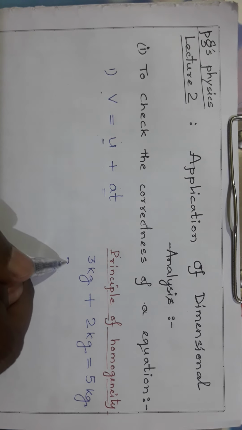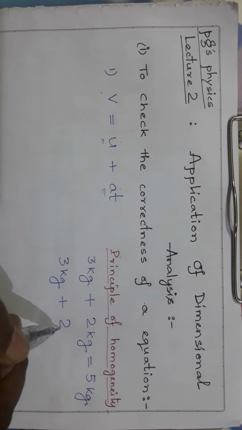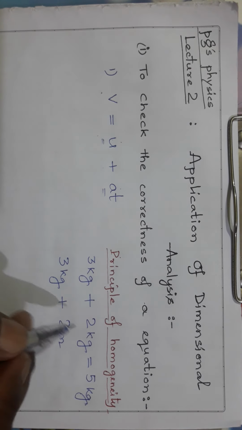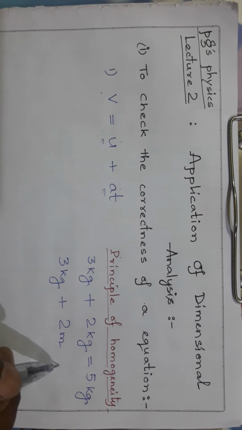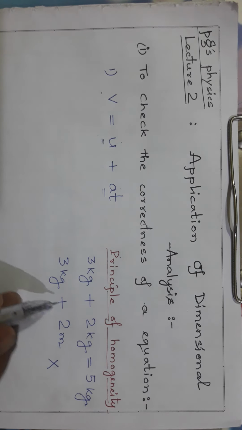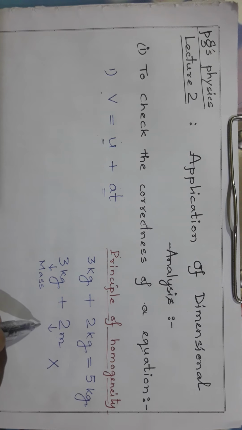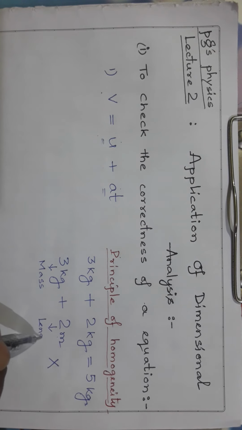But can we add 3 kg with 2 meter? The answer is no, we cannot add two different quantities. Here kg is mass and meter is length. So the dimensions are different.